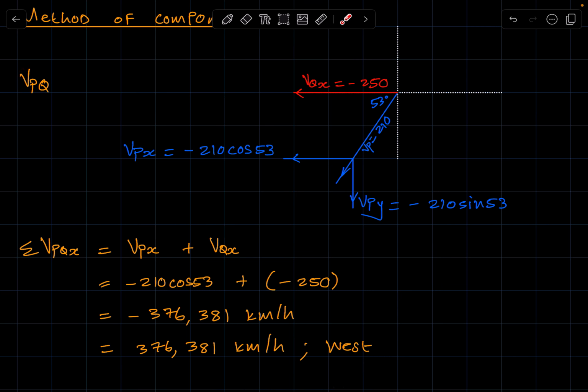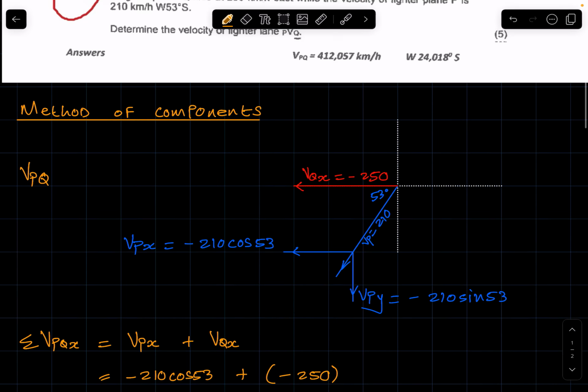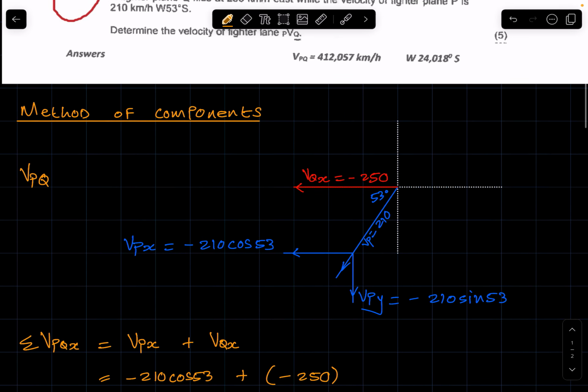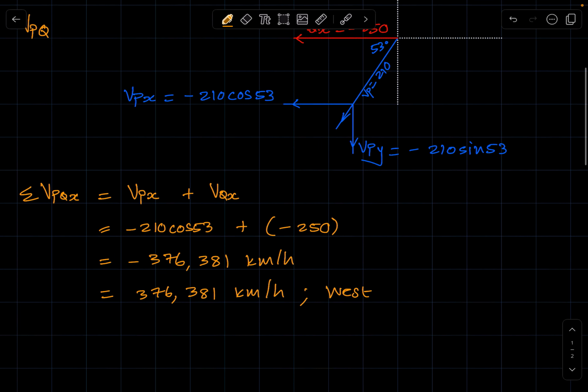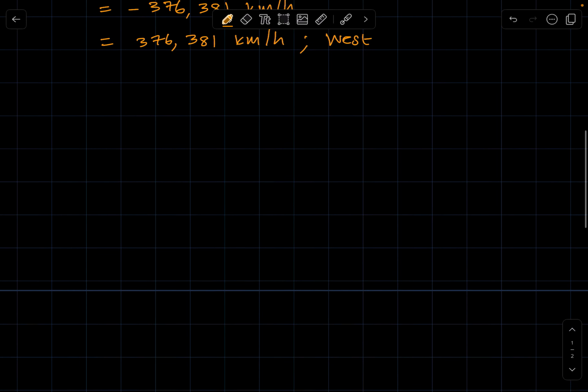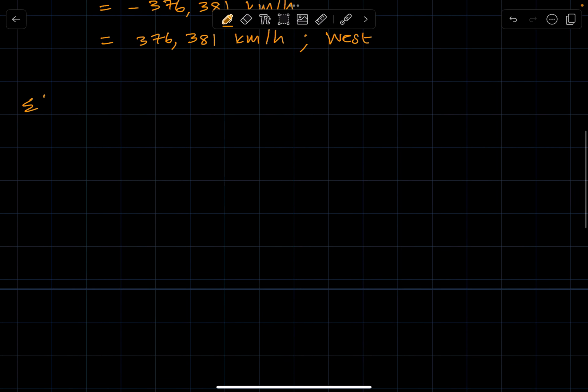Now we are going to calculate the component of VPQ in the y direction. That one we denote as the sum of VPQ in the y direction. So this will be equal to VP in the y direction plus VQ in the y direction.